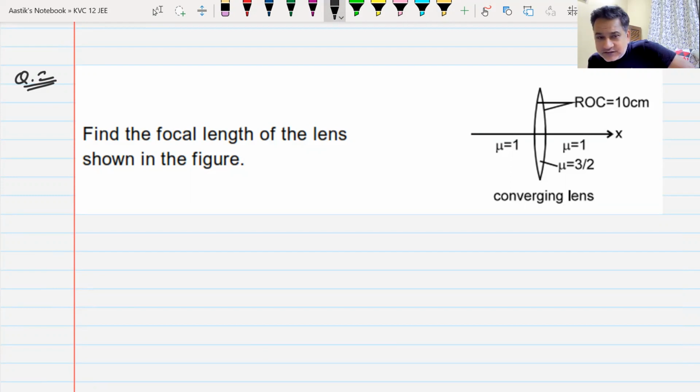The more you do these types of questions, you will understand that as soon as you see radius of curvature is 10 centimeters, same on both sides, and the refractive index is 3/2, you will give me the answer in a flash, and the answer is 10. Remember: as soon as you see a double convex lens and the refractive index is 3/2, F is equal to R. You will always get it.